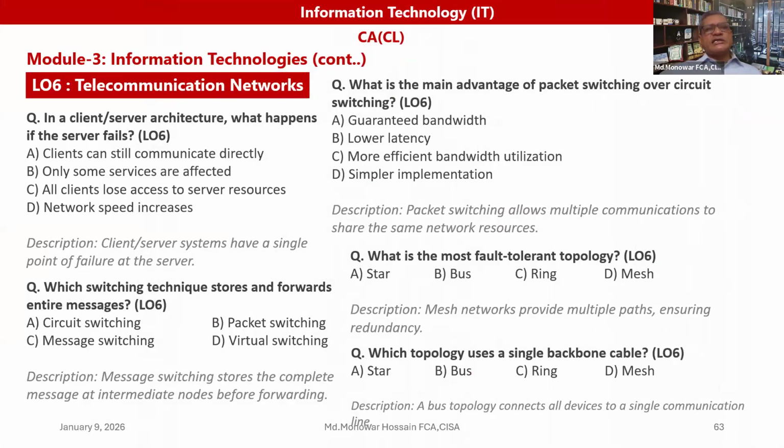In a client-server architecture, what happens if the server fails? We know all clients lose access to server resources, because client-server systems have a single point of failure at the server, since they are connected to the server.